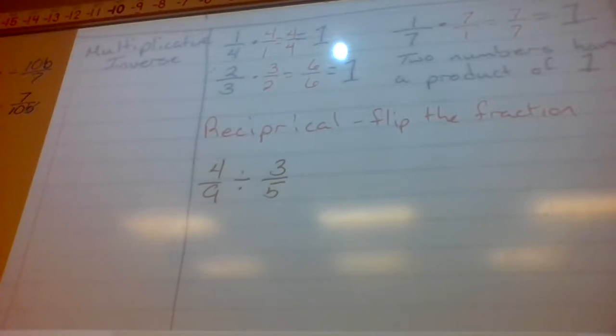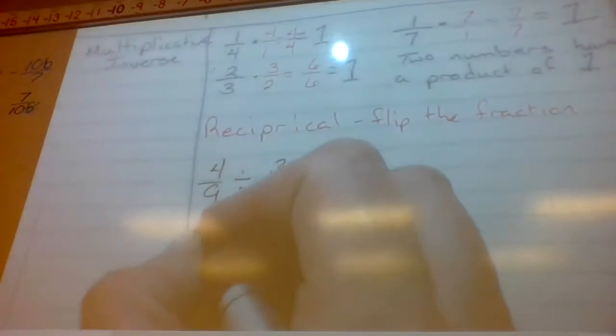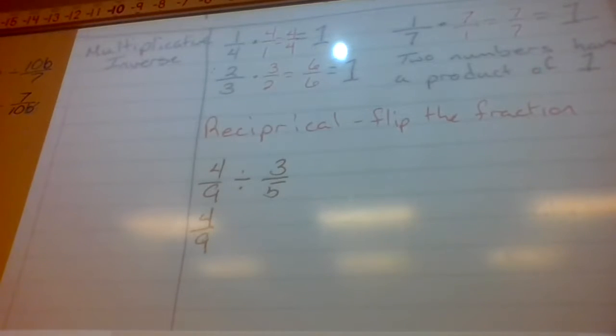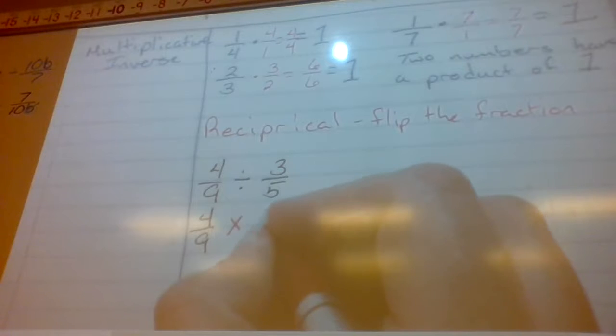When you go to solve it, we are going to keep the first fraction. That's a big thing in math. The first term in any problem tends to stay the same until we actually start solving. But we are going to change this to multiply by the reciprocal.